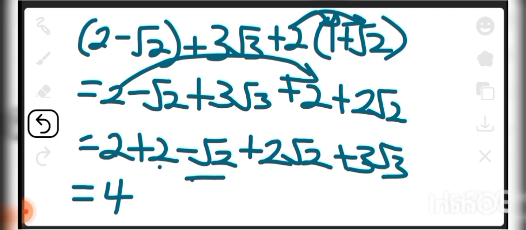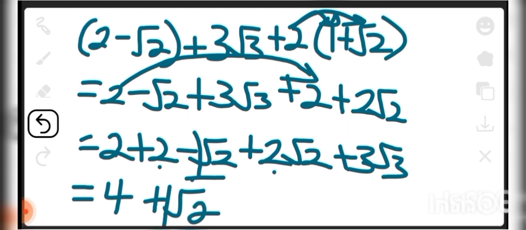So just like minus 1 plus 2, that will be 1. So we're going to have 1 root 2 left there. So minus 1 root 2 plus 2 root 2 will give us just plus 1 root 2. Only 1 will be left because minus 1 plus 2 is 1.